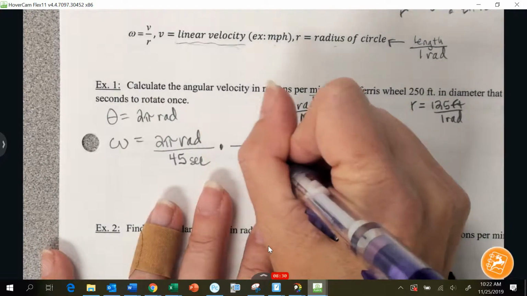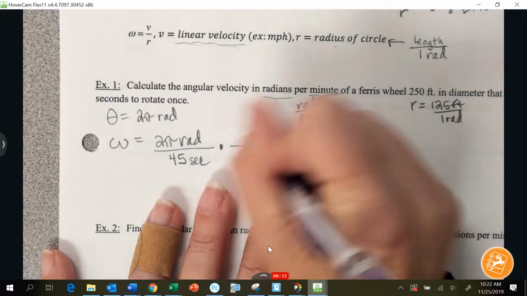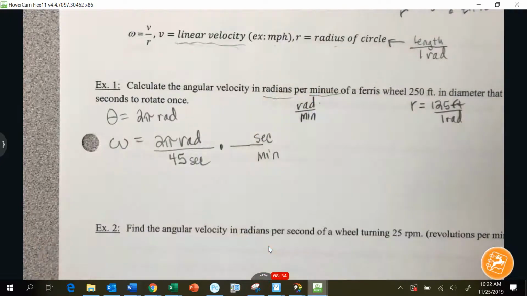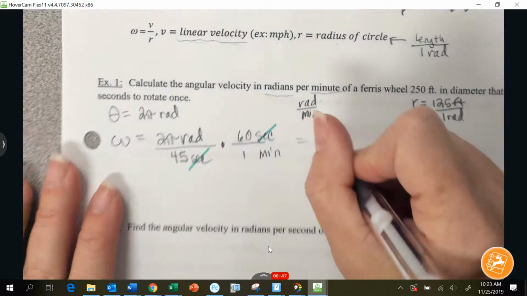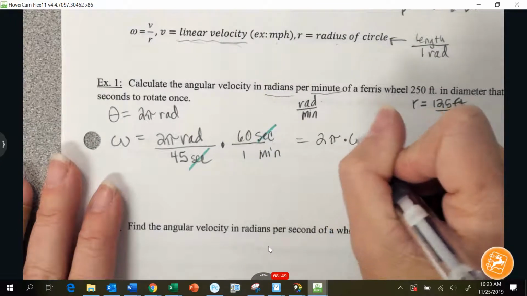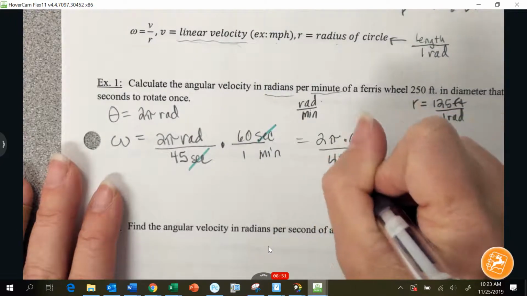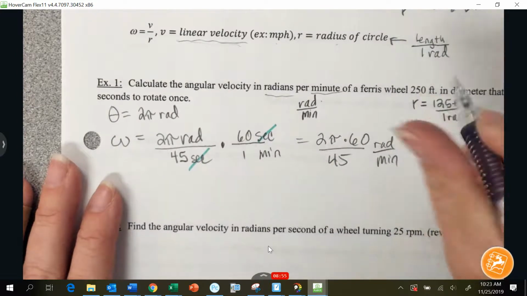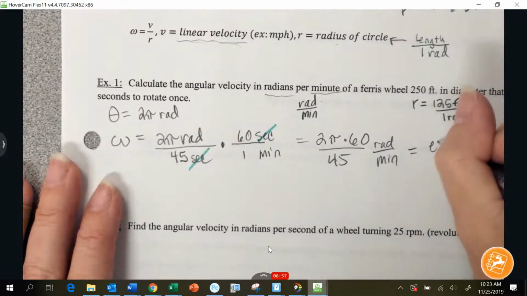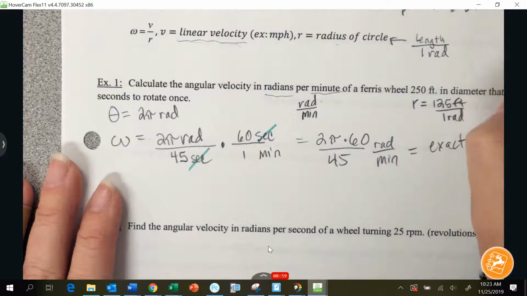I'll put seconds on top so that they cancel out, and minutes on the bottom. 60 seconds to 1 minute. So that's how I'm setting up my units so that I can get what I want when I'm done. I'm going to get 2 pi times 60 over 45, and that will give me radians per minute. Let's go ahead and do the exact answer and the approximate answer.